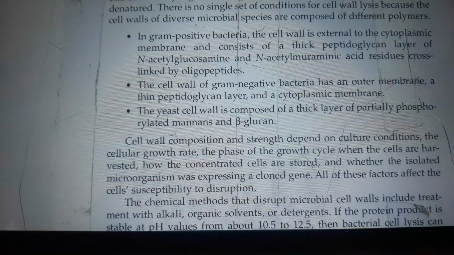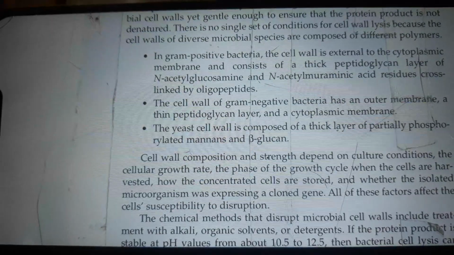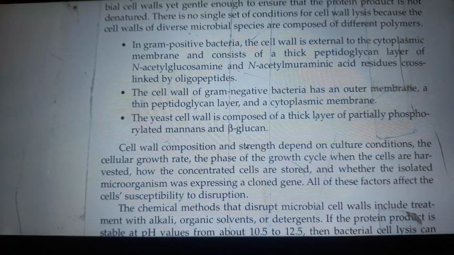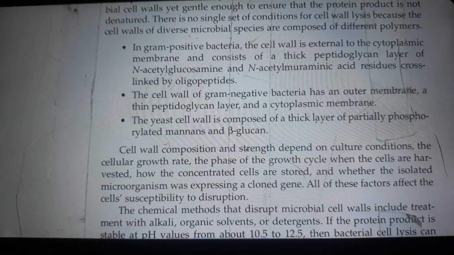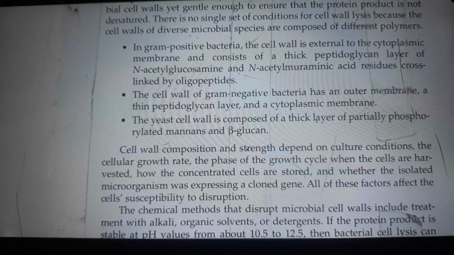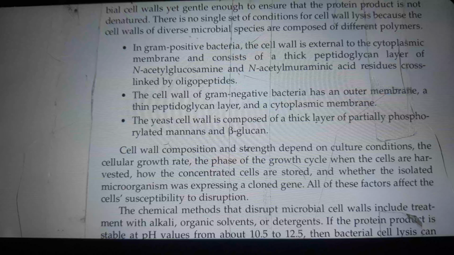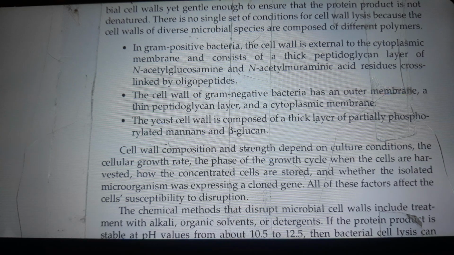In gram-positive bacteria, the cell wall is external to the cytoplasmic membrane and consists of a thick peptidoglycan layer of N-acetylglucosamine and N-acetylmuramic acid residues cross-linked by oligopeptides.